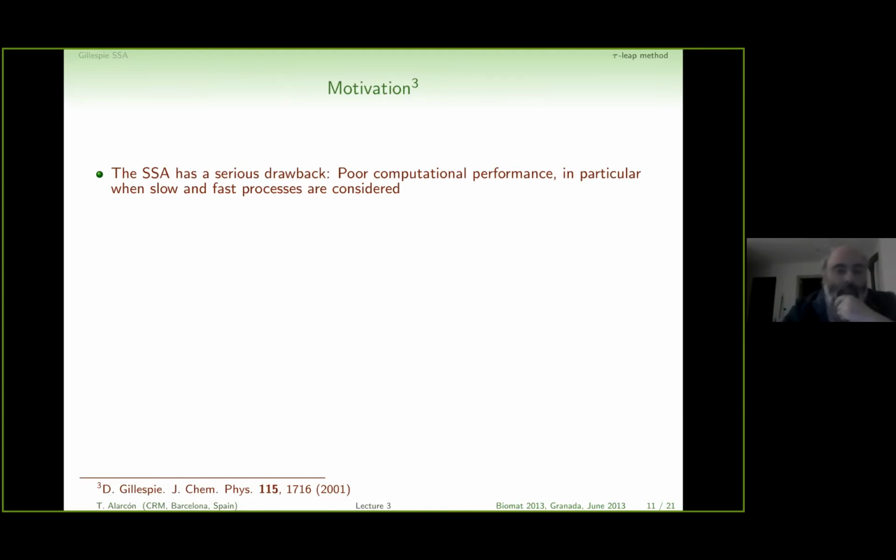Now the SSA, as I said, is my favorite numerical method in the world, but it has a very serious drawback, and that is poor computational performance. You can imagine why this is so, because what this algorithm is doing is recapitulating the whole dynamics of the system event by event.